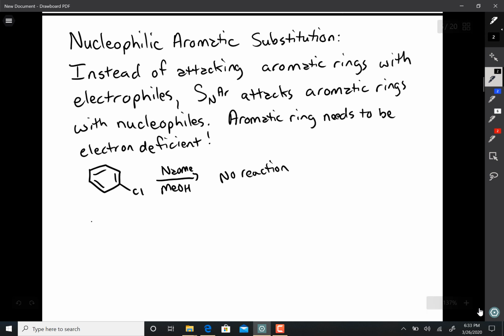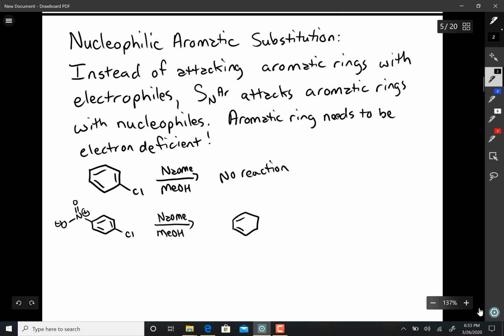But if the aromatic ring is sufficiently electron deficient, such as there's a nitro group on there, you treat it with sodium methoxide and methanol, you can actually displace the chlorine with a methoxy group.